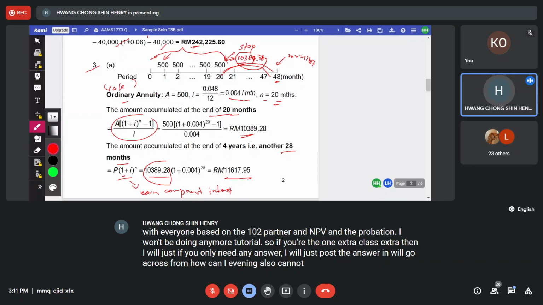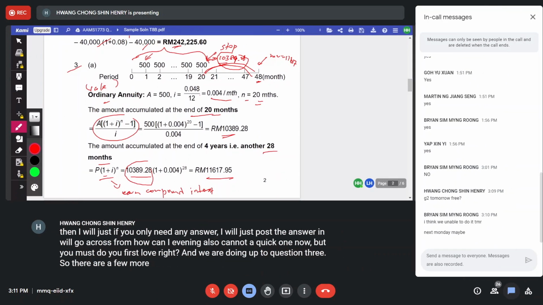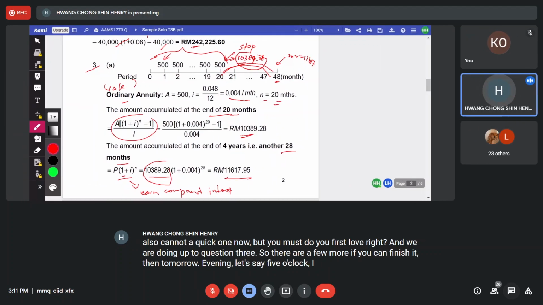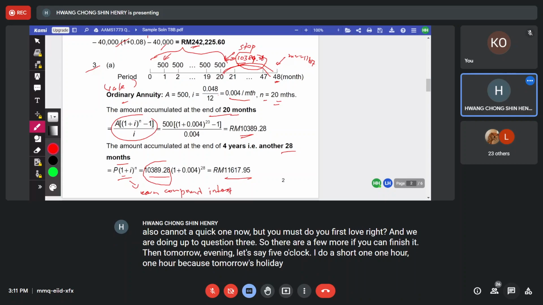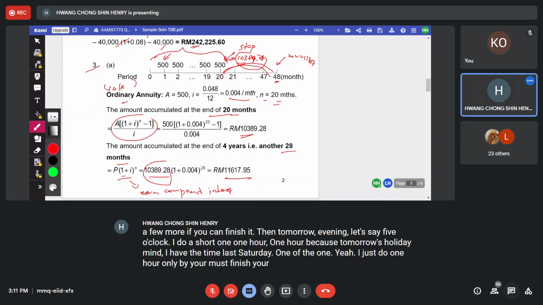A quick one now, but you all must do it first lah, right? And we are doing up to question 3, so there are a few more. If you can finish it, then tomorrow evening, let's say 5 o'clock, I do a short 1 hour, because tomorrow's holiday ma. I have the time lah suddenly. I just do 1 hour only, but you all must finish your questions up to the last one.